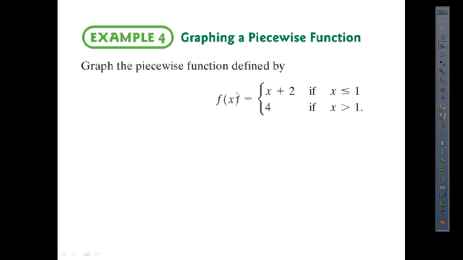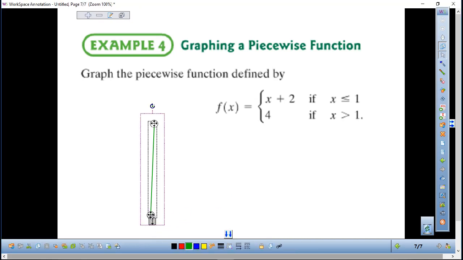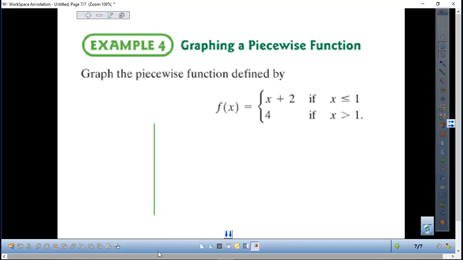All right, now we want to graph this piecewise function. And I know there are a lot of things in this section that are kind of spread all over the place, but piecewise functions are very important because they're actually more realistic than a regular function. The reason is that piecewise functions are defined by different things at different intervals of your graph.